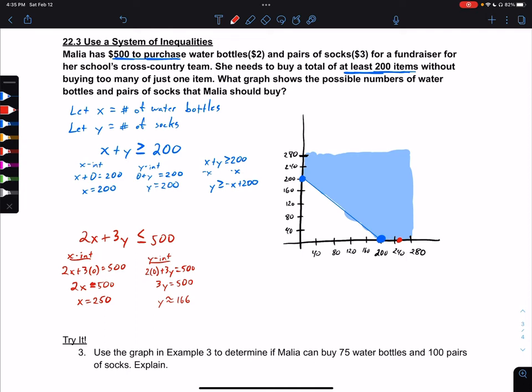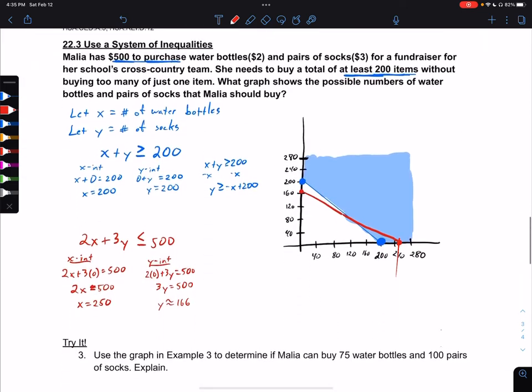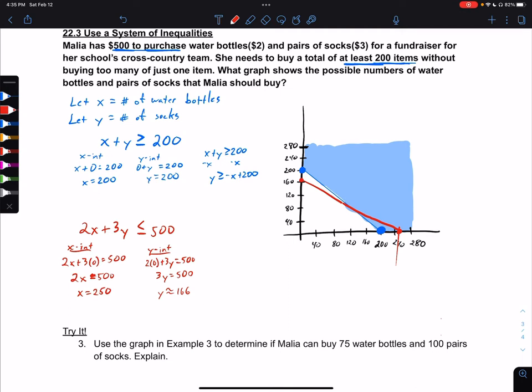So if I was to graph this, my y-intercept is going to be somewhere right here. Remember, this is a sketch, so it's not going to be perfect. It's another solid line, so we're just going to draw that. Not having a good day with this.